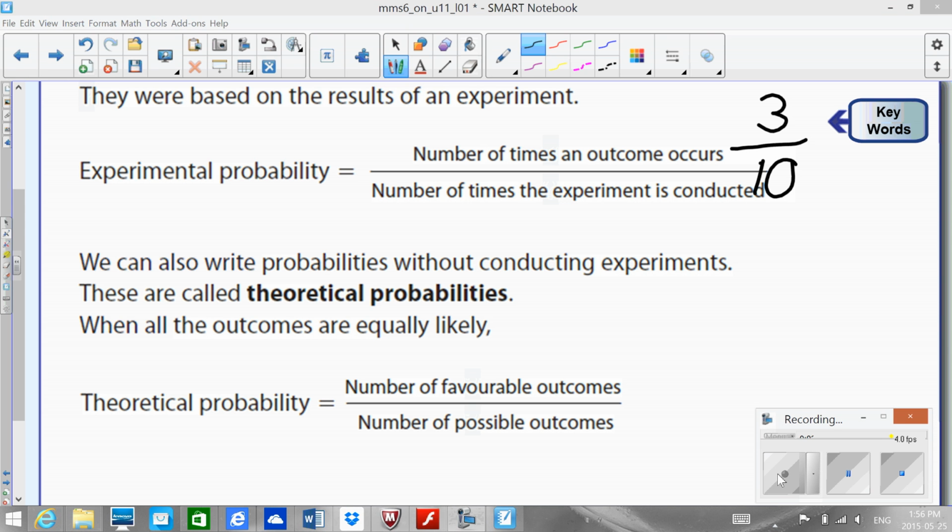So in this case, for the number of favorable outcomes, we would write 1 because there is only one chance of getting heads on a coin, and it would be out of 2 possible things that could happen, heads or tails. So our theoretical probability of getting heads would be 1 out of 2, or we can also look at that as 50% or half of the time.